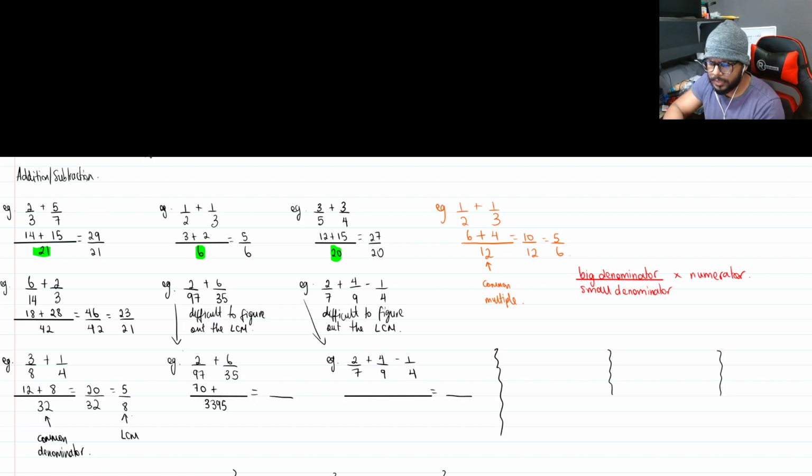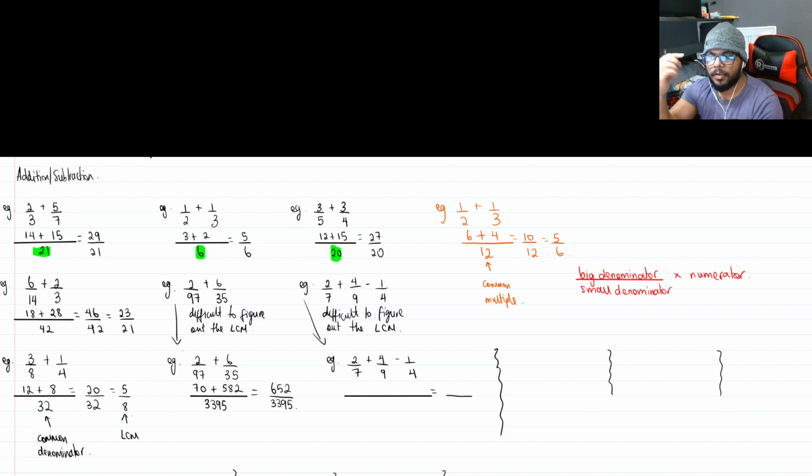And 97 by 6 is 582. And you all can work this out with me in your calculators as well. We add it to 70, we get 652 over 3395. And now you'll be wondering, well, sir, how am I going to reduce this?